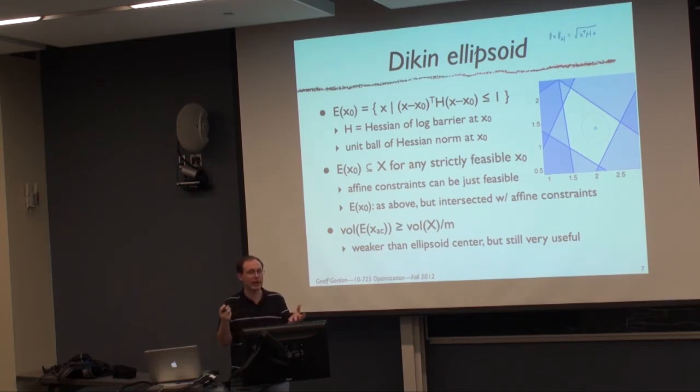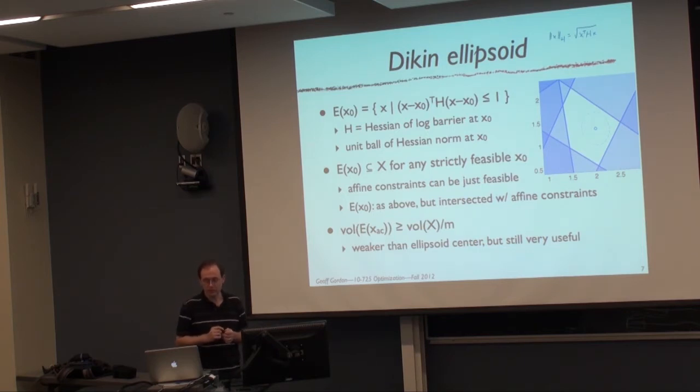So we have both inner and outer bounds on the feasible region from the same calculation. And the fact that you have to scale it by only a factor of m means that the original Dikin ellipsoid must have at least 1 over m of the volume of the feasible region. That's, to me, very surprising and cool.